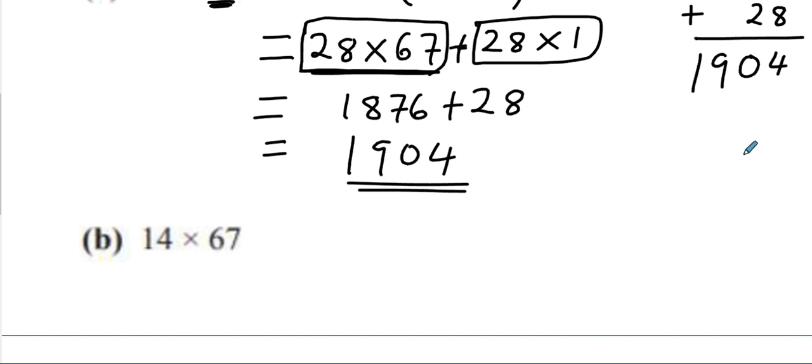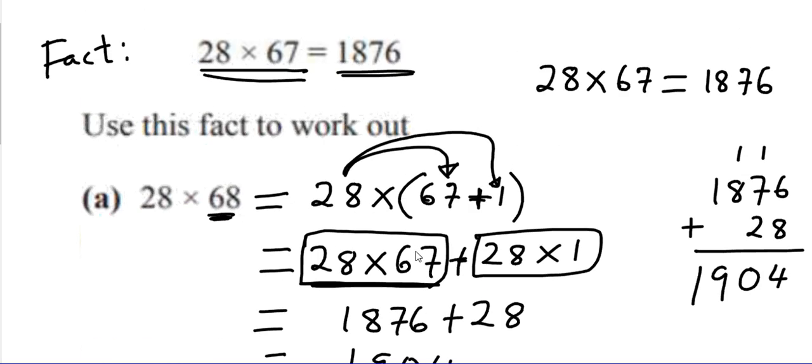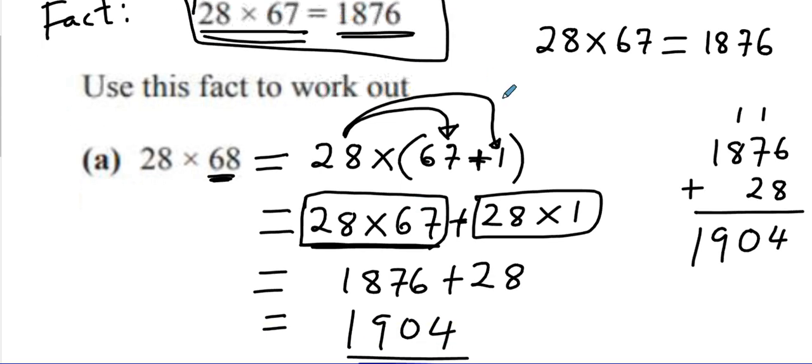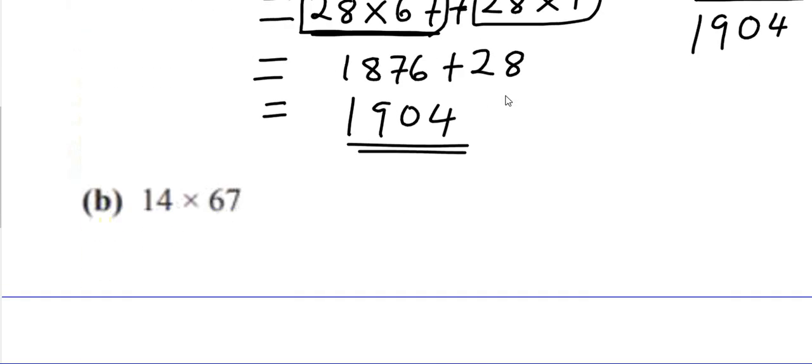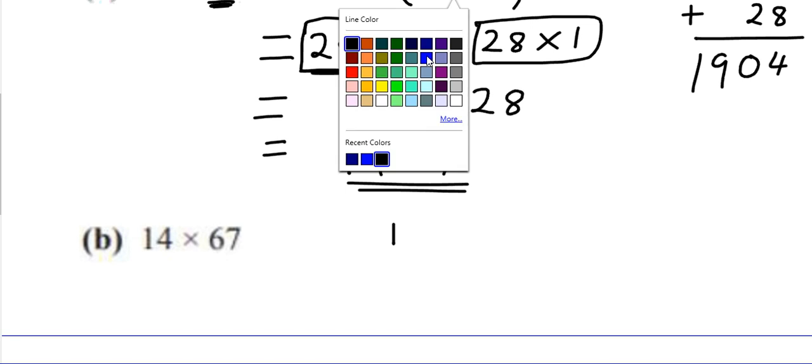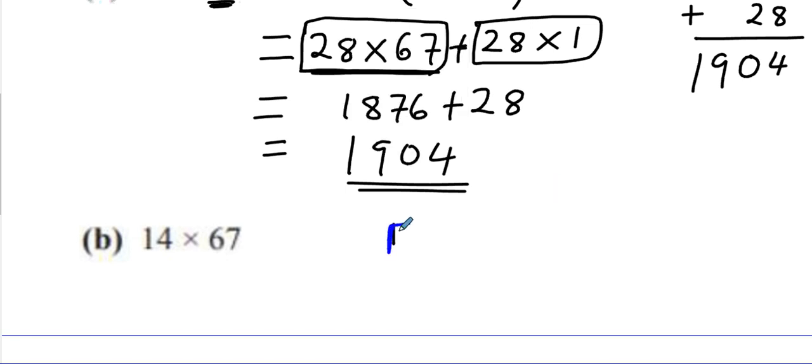Okay, now let us use the fact. Where is the fact? Let me copy the fact over here. 28 times 67, this is the fact. 28 times 67 equals 1876.